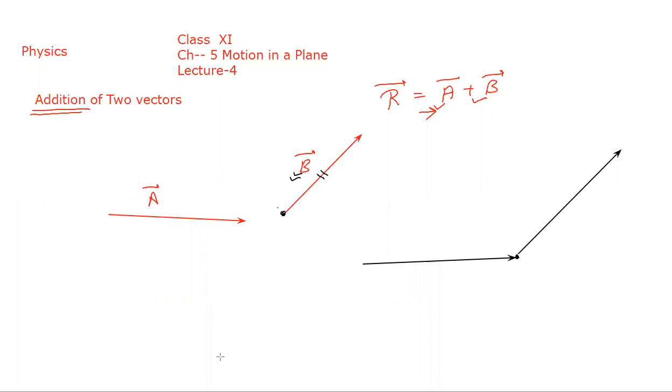This is vector A, and vector B's tail coincides with vector A's head. This is vector A and this is vector B. So the resultant of vectors A and B goes from the tail of the first vector to the head of the second vector. This represents the resultant, that is A plus B.